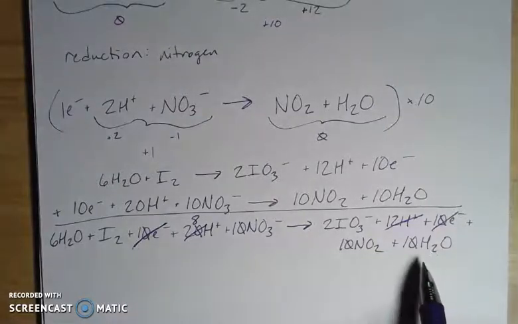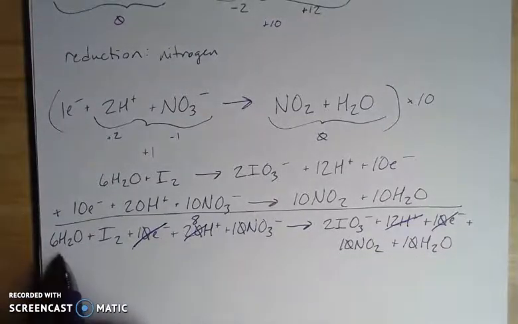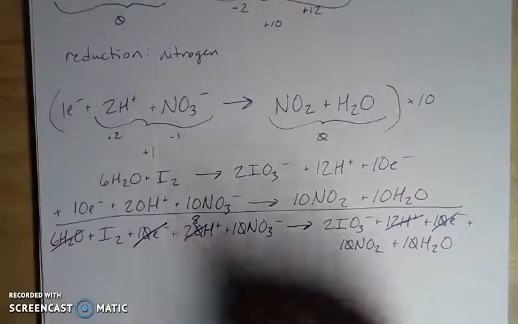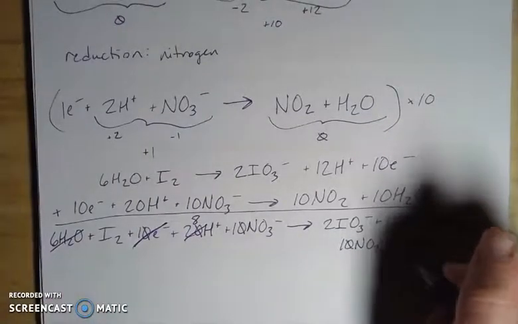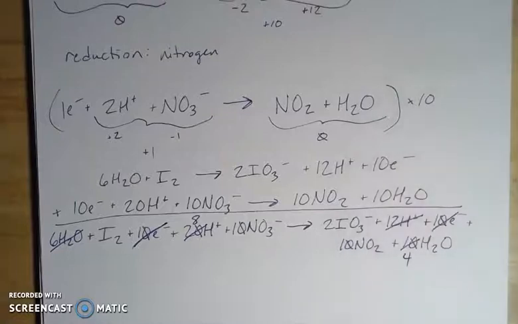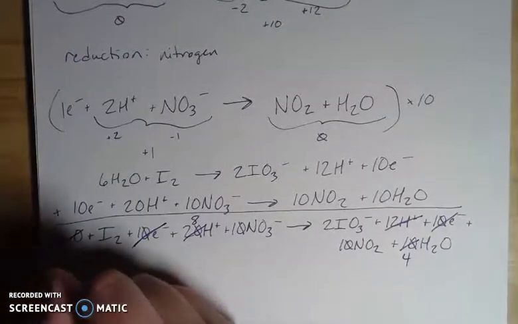I have 10 waters on this side and 6 waters on this side, so I can get rid of 6 on each side, and that leaves me with 4. Okay, that looks pretty good. Now, if I figure out what I have left over, here's my overall.